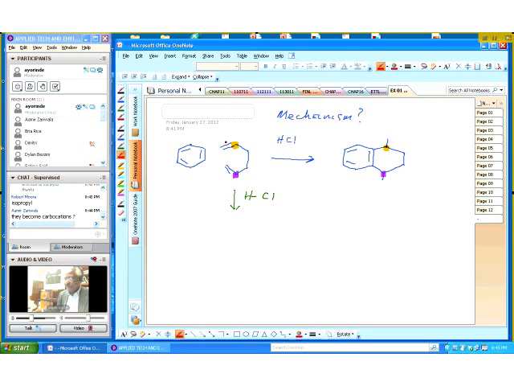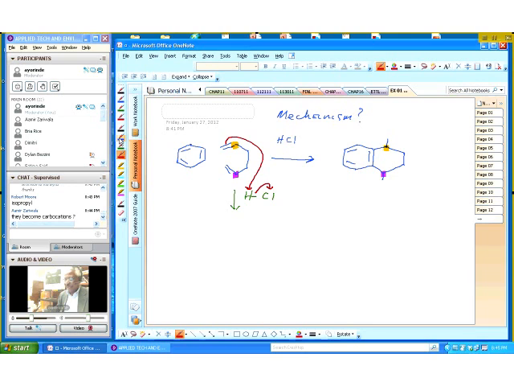And this one here attacks this here, and of course this will break. And where would the carbocation be? You already told us the carbocation will be here. So that means we are going to form the secondary carbocation.